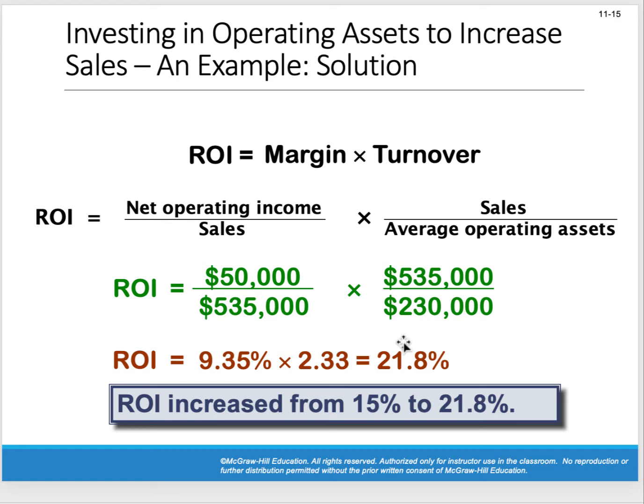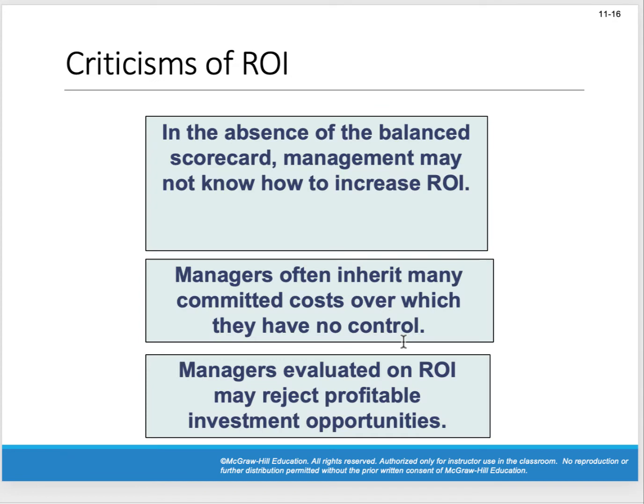So keep that in mind as we're calculating ROI. We're looking at it from its pieces, and we're saying, okay, what's our ROI? But we can determine, well, our margin went up, but our turnover went down. Okay. Overall, we did have an increase in ROI, which is good.